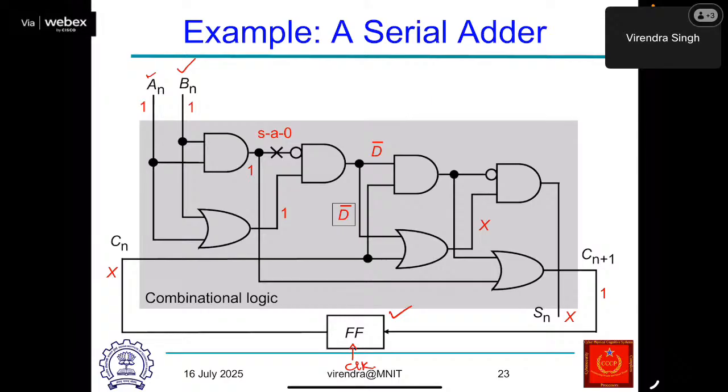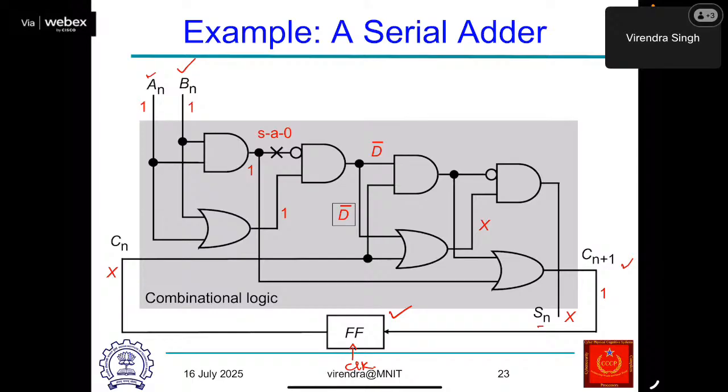It has two inputs, an and bn, and the third input is the carry that you are getting, and then there is an output sn, and the carry out has to be fed back to the input. So from the external point of view, I am providing the two inputs to this, and it is giving me the output as sn. So my controllable entities are an and bn, and the observable entity is sn.